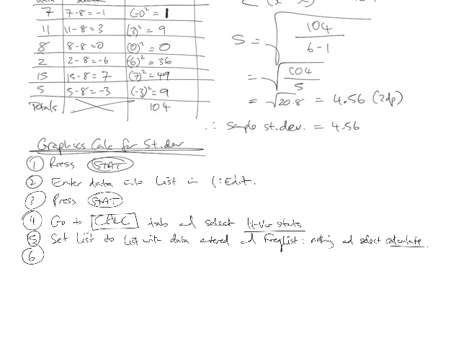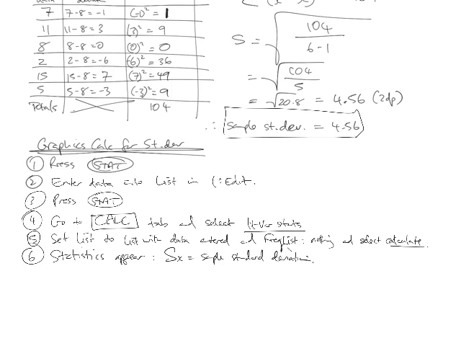And then when you've hit calculate, statistics pop up. The one that you're interested in is Sx, the sample standard deviation. With that data that I entered, you'll have to trust me because I haven't done this on the computer, my Sx on one var stats comes up as 4.56, which is confirming what we did by hand there.